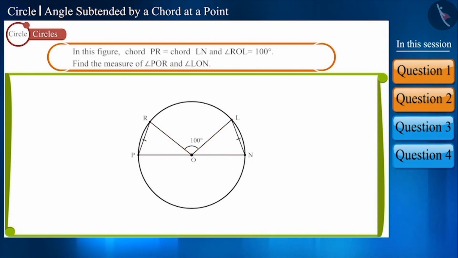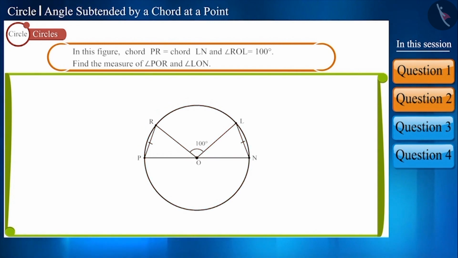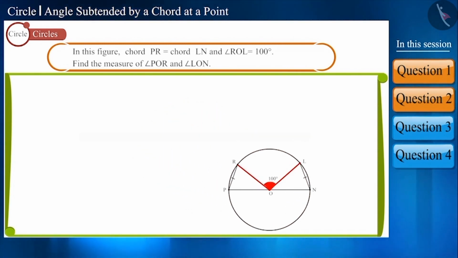Friends, look at the figure carefully. We are given that angle ROL measures 100 degrees and angle PON is equal to 180 degrees because it is a straight angle and PN is the diameter of the circle.